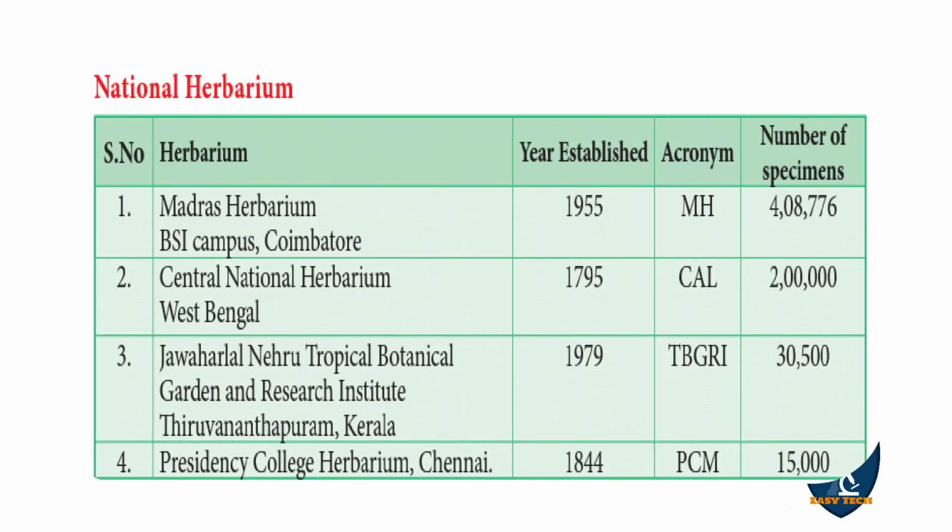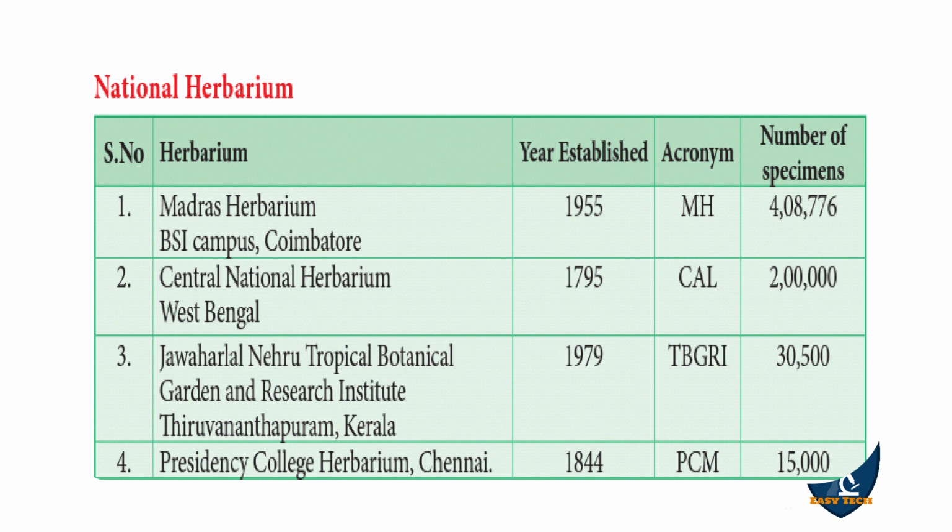National herbaria, that is in our India. Serial number, herbarium, year established, acronym and number of specimens. Madras Herbarium, BSI campus, Coimbatore, 1955, MH, 4,08,776 specimens are there. Central National Herbarium, West Bengal, 1795, CAL, 2 lakhs.